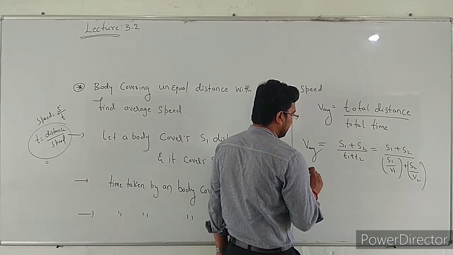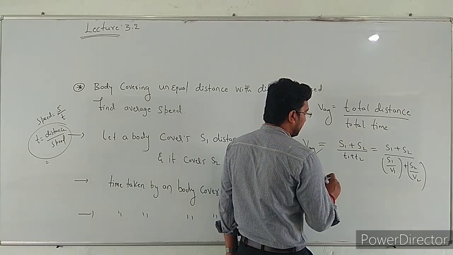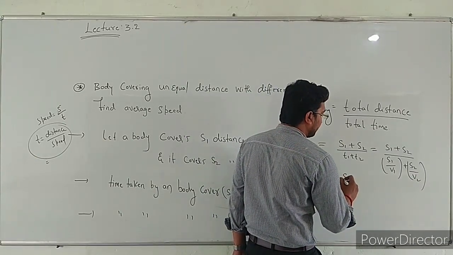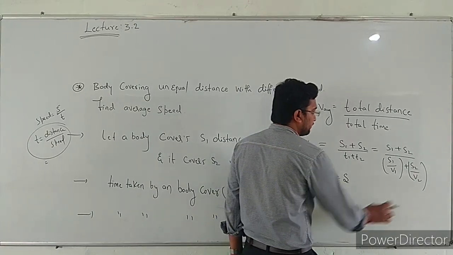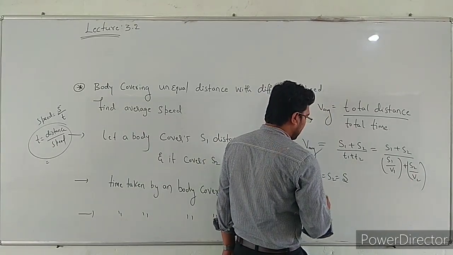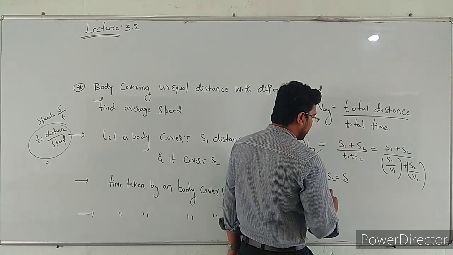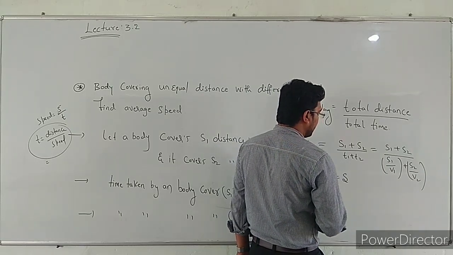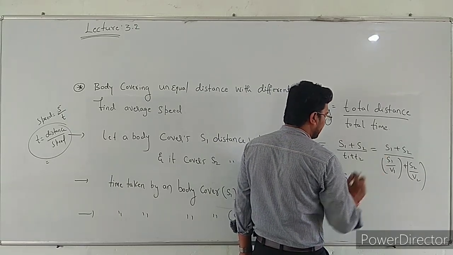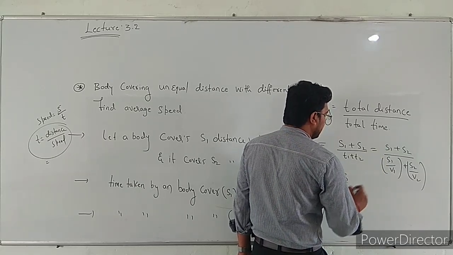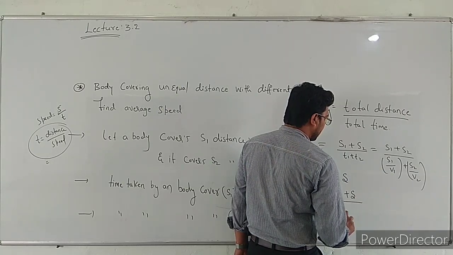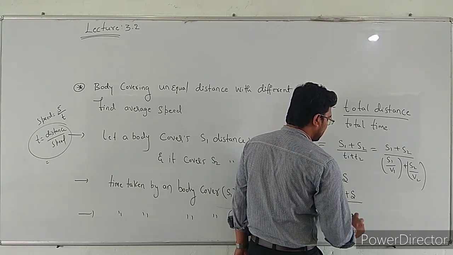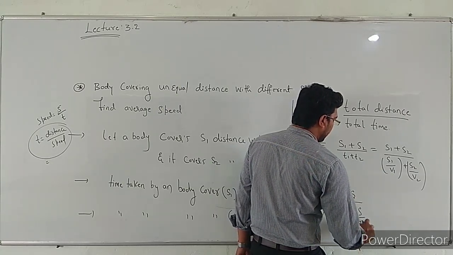Okay. Here if s1 and s2 values are the same, if s1 is equal to s2 is equal to s, substitute this in the expression. Then the average speed is equal to s plus s divided by s divided by v1 plus s divided by v2.